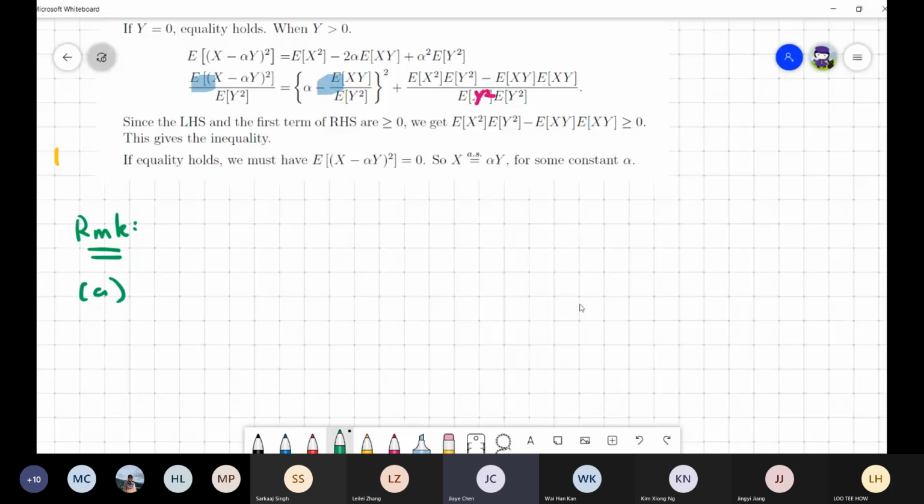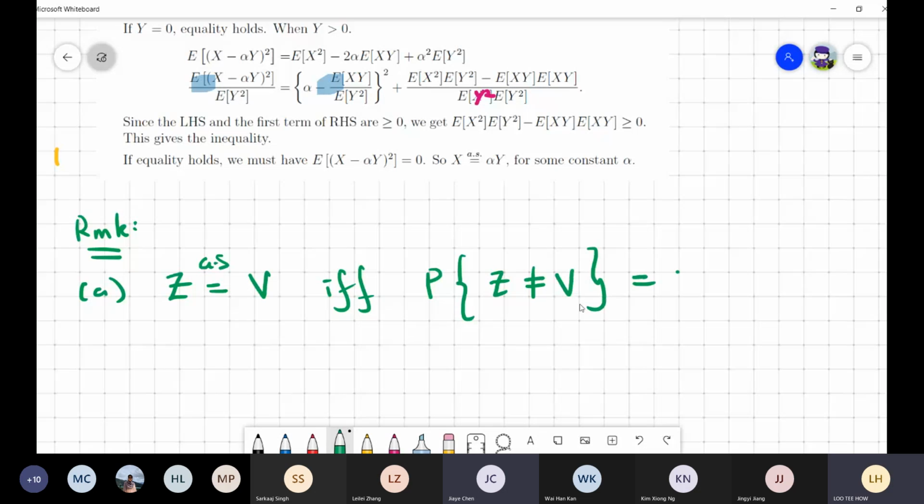When we say one random variable Z equals 0 almost surely, or, to make it easy, two random variables, Z equals V almost surely, this simply means, we say if and only if, the probability of Z not equal to V is equal to 0.